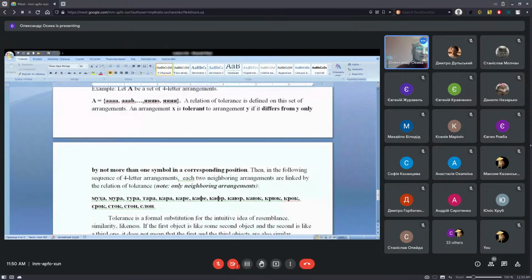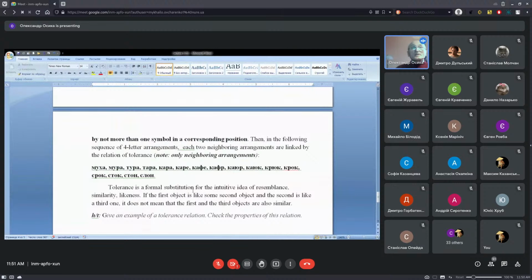Okay, tolerance. But this is tolerant here, and after that we come to this element. Mucha is not tolerant to Tura, because 2 positions are different.